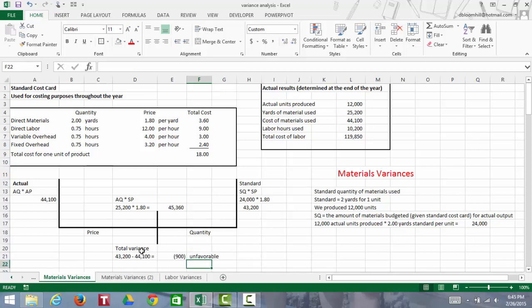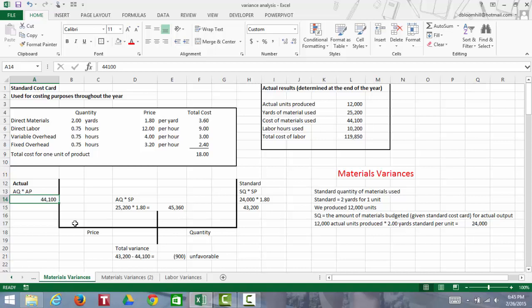That means that I spent more on materials than my plan. My plan calls for 43,200 of materials, and I actually spent 44,100 on materials. Now, let's see where the problem is. Do we have a price variance problem, or do we have a quantity variance problem?